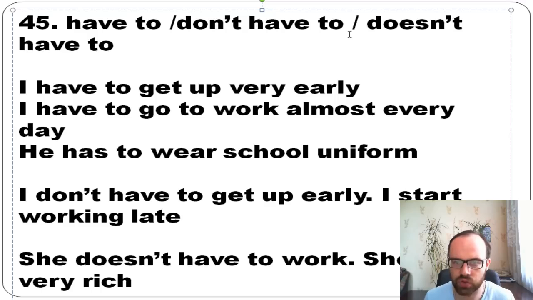So have to, don't have to, and doesn't have to. Look, have to means must. Look, I have to get up very early, or I must get up very early. I have to go to work almost every day, or I must go to work every day.